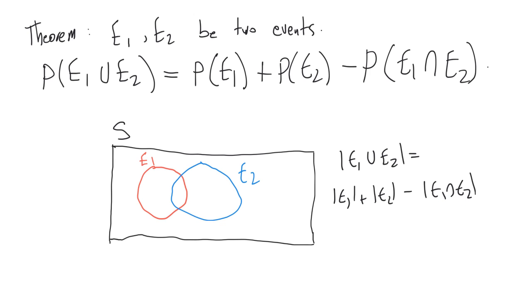We remove one instance and we have counted them once. Now you just divide this relation by the cardinality of S. S is constant, so I can divide both sides by it. It's a non-zero number, therefore we can divide, and then it gives exactly what we wanted.